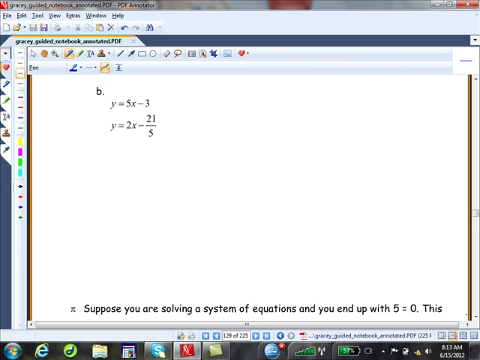Okay, let's see how you did. The first step, notice that both of these are isolated.